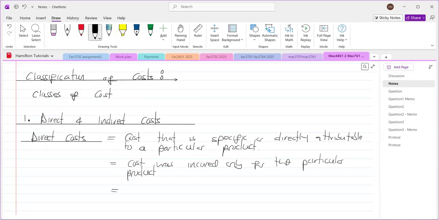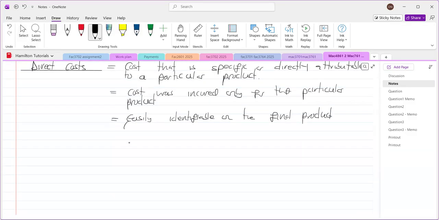Right, so we normally describe a direct cost as easily identifiable on the final product. So often I describe this as meaning to say we can accurately calculate the consumption or cost per unit.